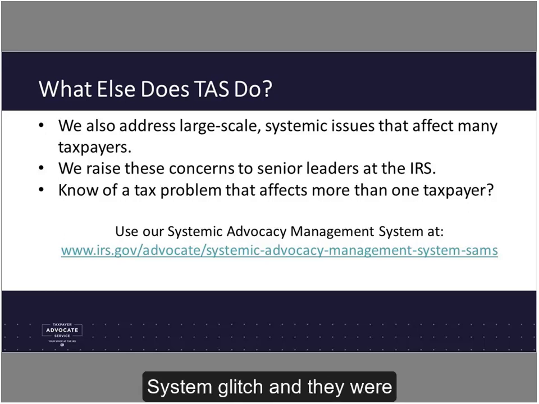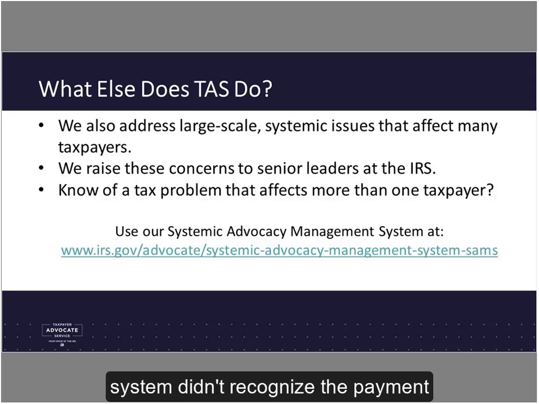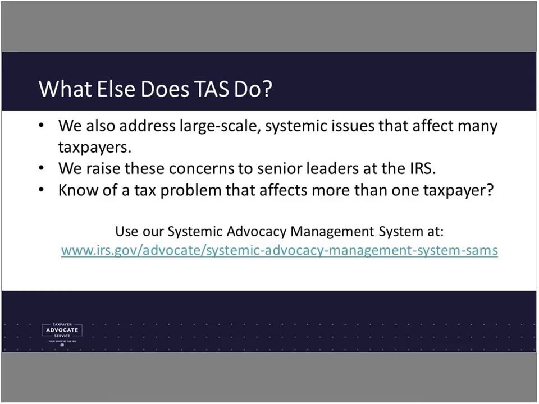Right now, unfortunately, the IRS had a system glitch, and they were sending out automated notices where somebody filed a return and made a payment with the return. The system didn't recognize the payment, and was sending out these notices requesting the payment.